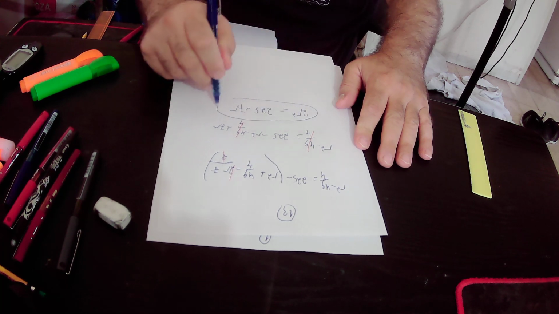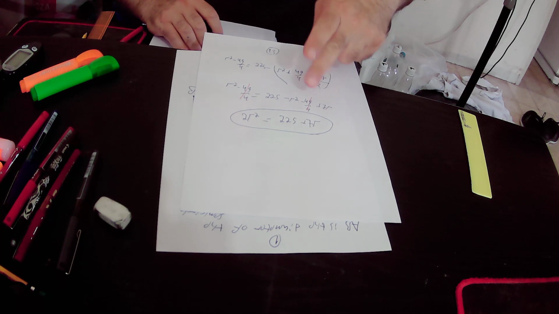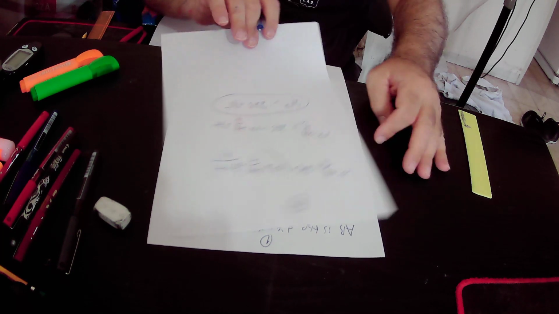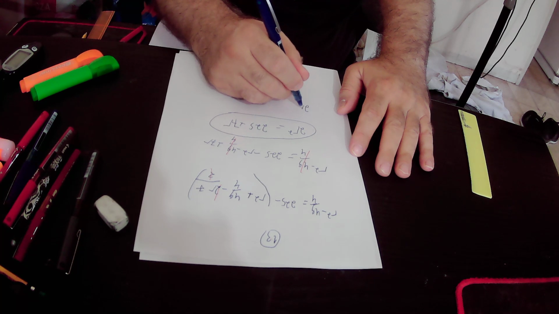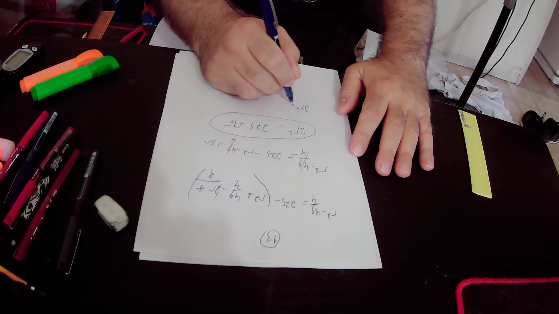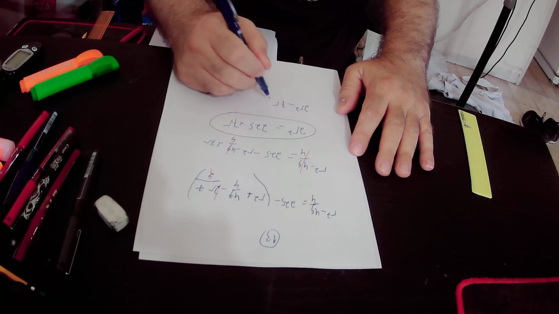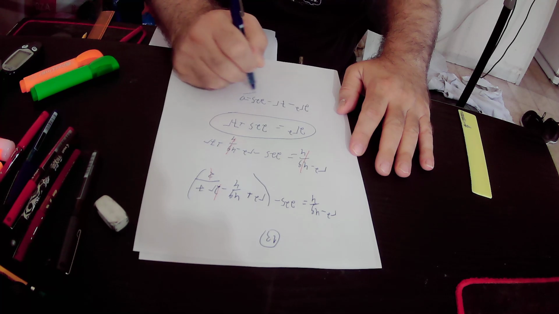So here we will subtract 7R and 225 from this equality. We will get that 2R square minus 7R minus 225 equals 0.